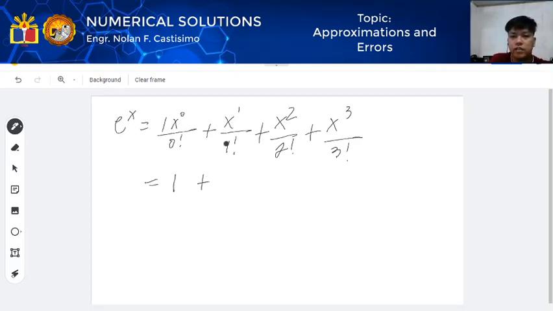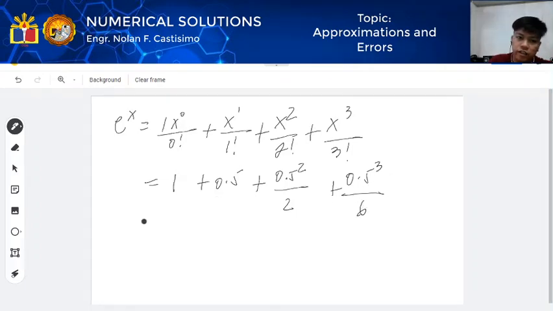Ayan. So, ano yung magiging sagot nito? 1 plus, so ito, 0.5 plus 0.5 squared over, ano yung 2 factorial? We have 2 plus 0.5 cubed over 3 factorial. We have 6. Okay. So, 1 plus 0.5 plus 0.5 squared divided by 2, we have 0.125.